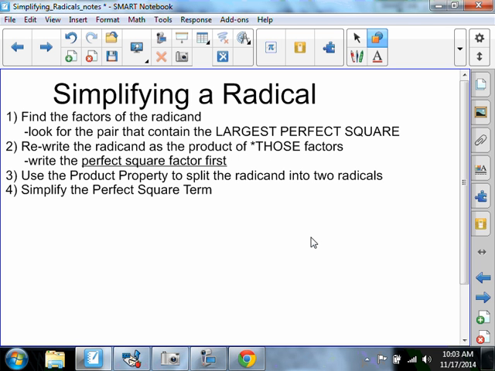Step 1 is find the factors of the radicand. Factoring is a key component of doing this. If you don't find the factors, then you can't do this. While looking for those factors, what you should be after is the pair of factors that has the largest perfect square. So again, knowing your perfect squares is a very critical skill.